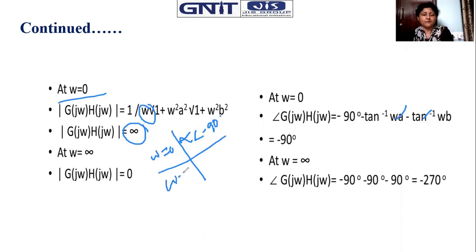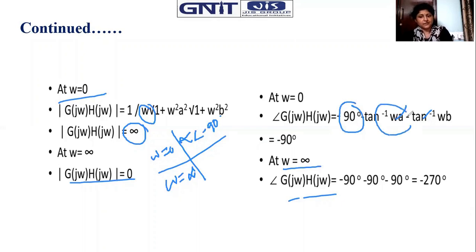And then for the final value, omega tends to infinite. Here, just put omega equals to infinite, you are getting the magnitude 0. Then at omega tends to infinite, what will be the phase? It is contributing automatically a constant 90 degree from each pole factor, so the termination value will be minus 270 degree.